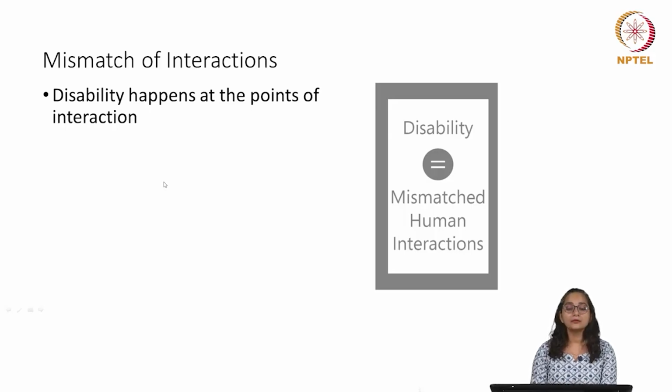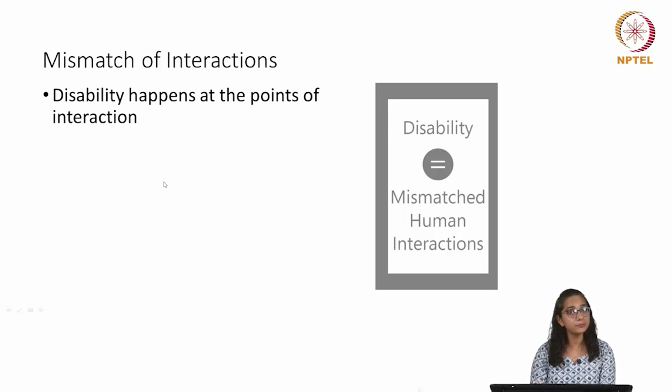But we are making an assumption that the user has the ability to interact with that feature of the product in that assumed way at all times. There may be situations where the user is not able to interact with it.